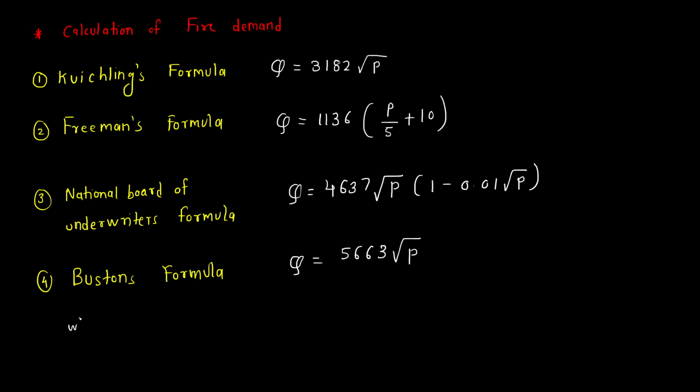Here, this P is population. So whatever is the population, this population should be in thousands. That means if the population of a particular community is 5,000, then in this formula you have to substitute this as 5.